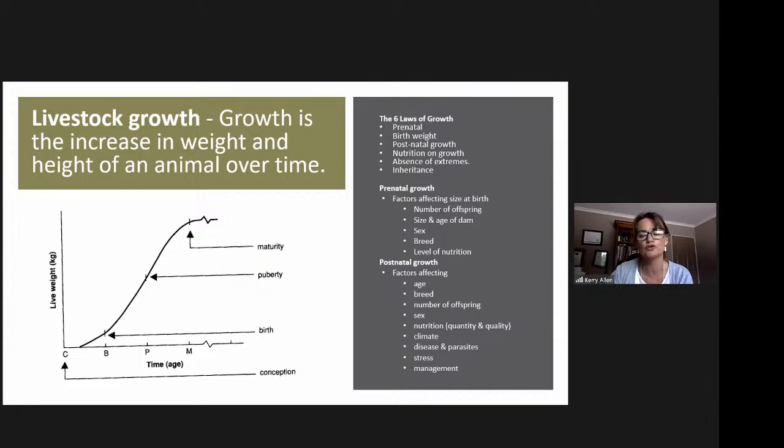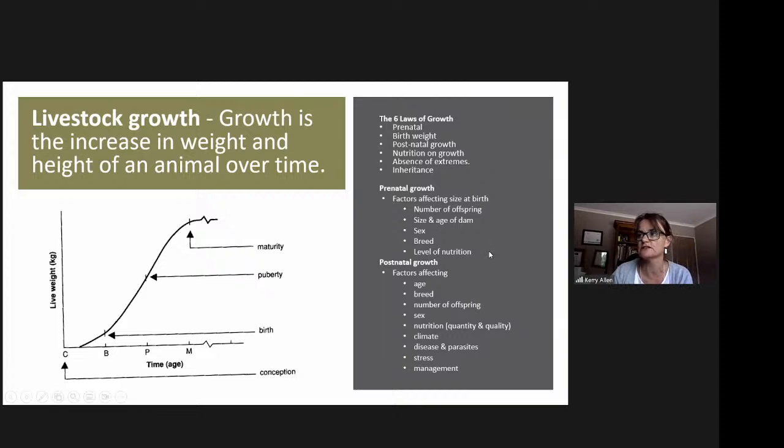So males tend to be bigger than females, so sometimes that can cause issues. The breed, some have higher birth rates, so the baby weighs more at birth in some breeds. So some are easier to calve per se, and some are harder. So these things, as well as the level of nutrition, so how big that baby has got in utero, will determine how well the growth is at birth.